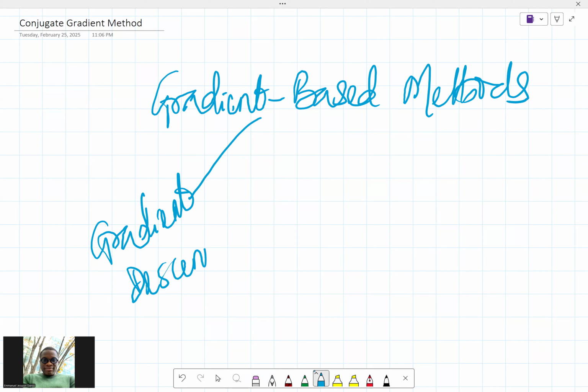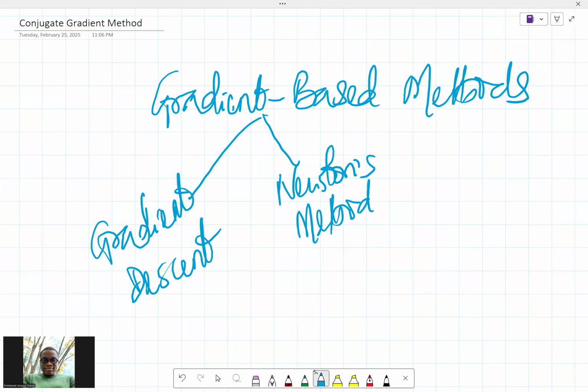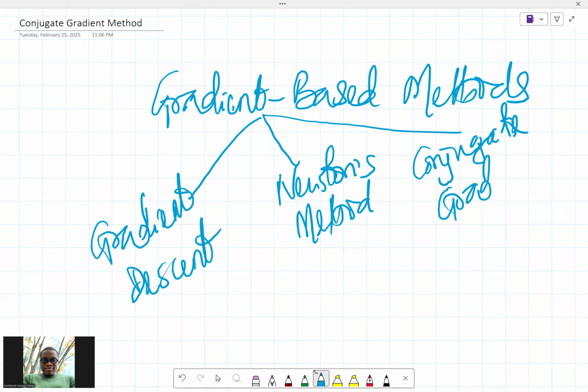Then Newton's method, which improves on gradient descent by involving the second derivatives called the Hessian matrix. So we have the first derivatives, which are the gradients, and the second derivatives, which give us the matrix called the Hessian. And now we are going to consider the conjugate gradient method.